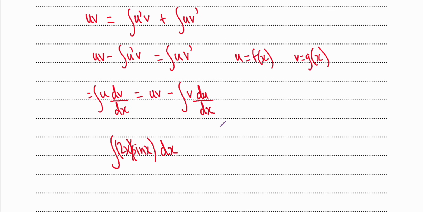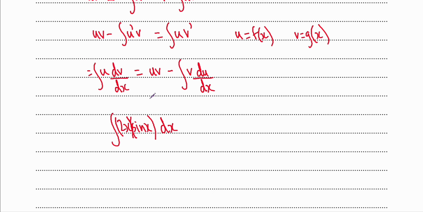So if you compare, you can write 2x sine of x as u dv by dx. Well, how do I know what is u and what is dv by dx? This is how you usually choose u.